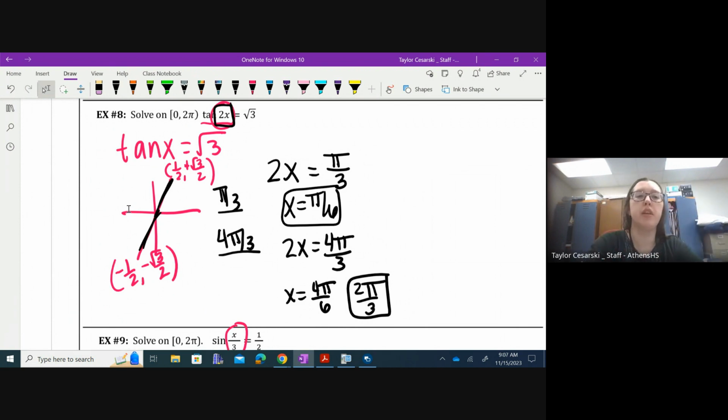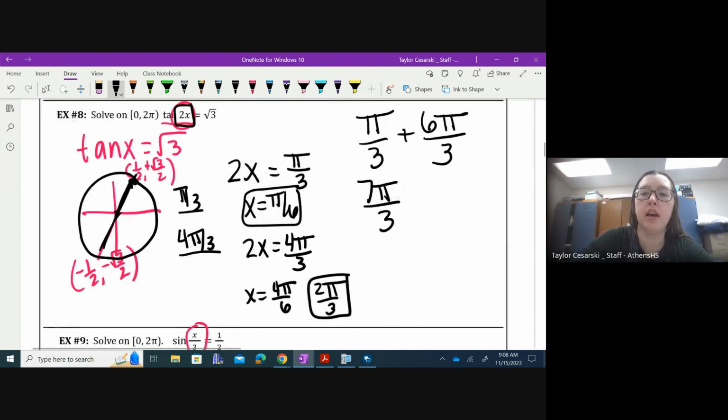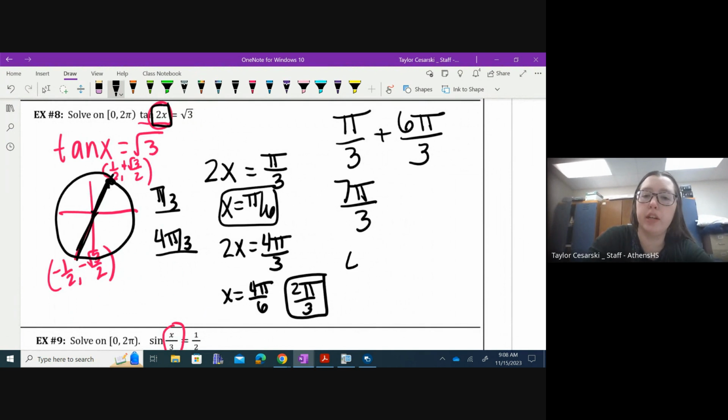So we have to also think about coterminal angles, meaning if I go around the circle again, what that angle will be. I know that a full circle is 2 pi, so I could add 2 pi to pi over 3, my original angle, and I get 7 pi over 3. I could do the same thing for 4 pi over 3: add 2 pi, and I get 10 pi over 3.